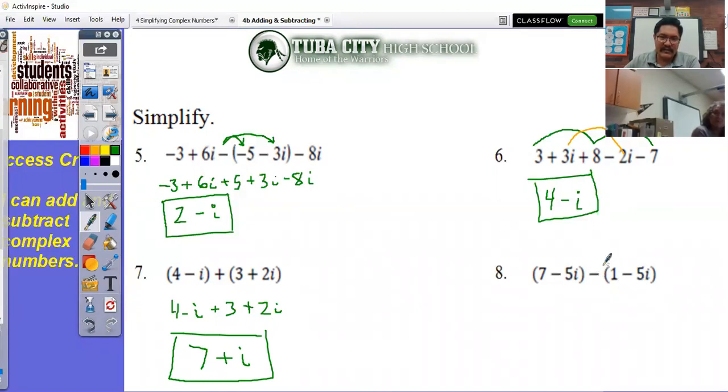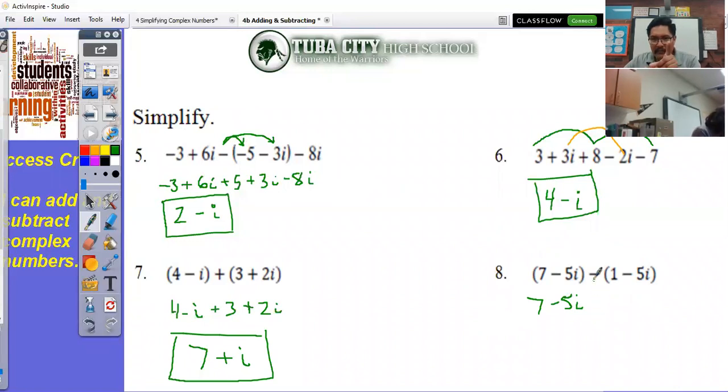Now with this one here, number 8, this is a tricky one because we run into the same problem we saw from number 5, and that is there is a negative in front of a group, a parenthesis. So again, this group minus this group. When we minus this group, this first one stays the same, nothing different is happening with it.